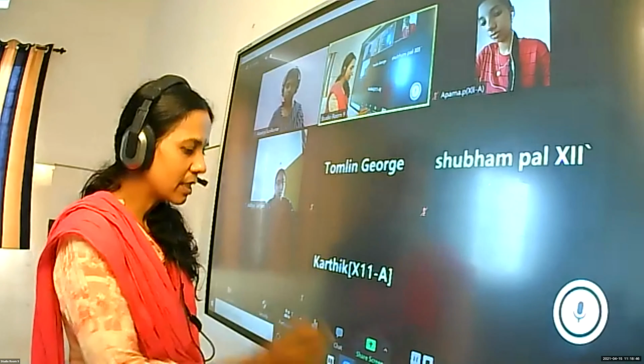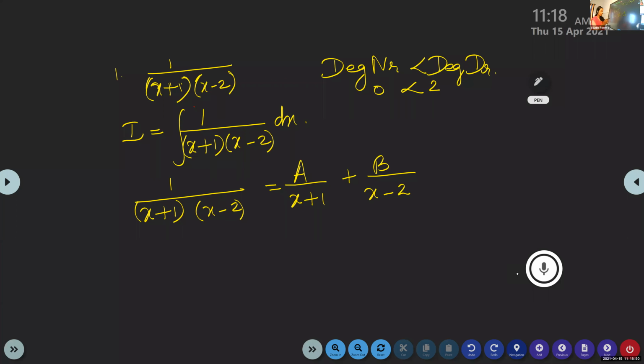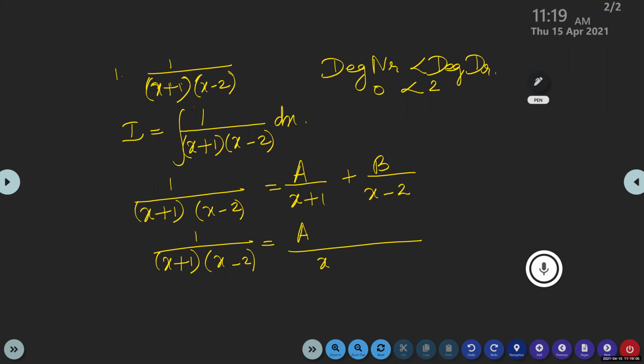So we are writing the given function as a by the first factor plus b by the second factor. That is the next step. So 1 by (x plus 1) into (x minus 2) is equal to, here I'm going to take the LCM, (x plus 1) into (x minus 2). Here we cross multiply, isn't it?